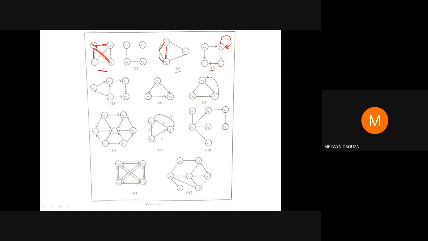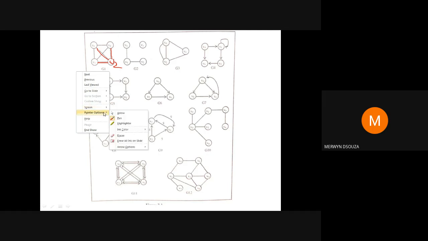So it's adjacent to 3 vertices. Like that, take any other vertex and it will be adjacent to 3 vertices. Take V2: V2 is adjacent to V3, V1 and V0. So V2 is also adjacent to 3 vertices. If every vertex is adjacent to the same number of vertices, we call it a regular graph.